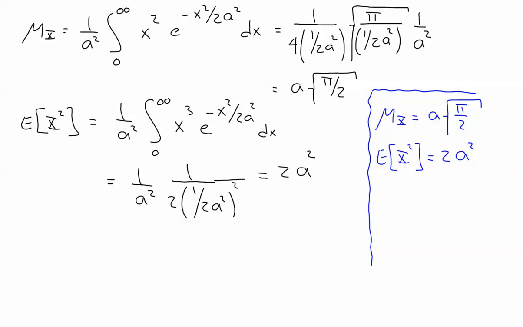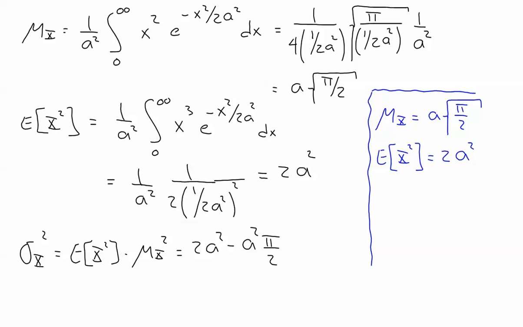And then we can find the variance. That's just going to be 2a squared minus a squared pi over 2. And that's a squared times 2 minus pi over 2.